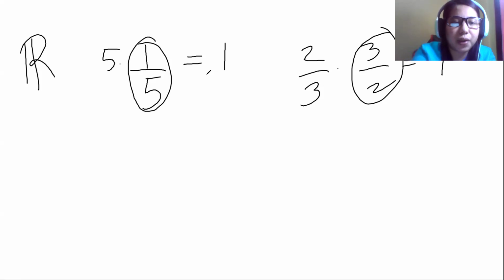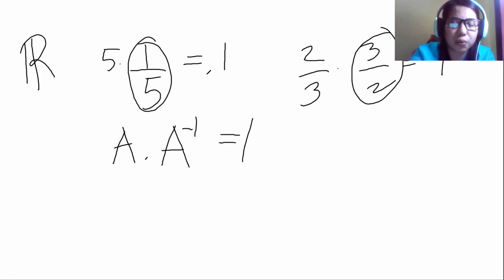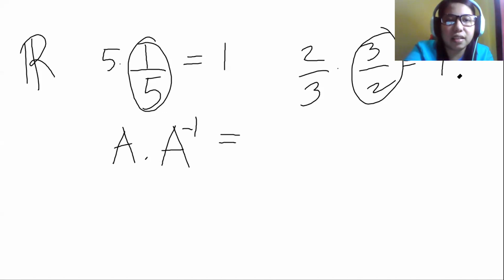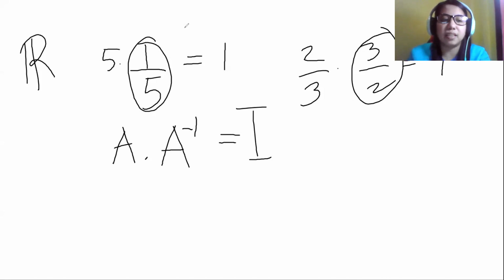So if we have matrix A and multiply it by our inverse matrix, the result is equal to the identity matrix I. So what is this identity matrix? This was presented in our discussion of the different types of matrices.